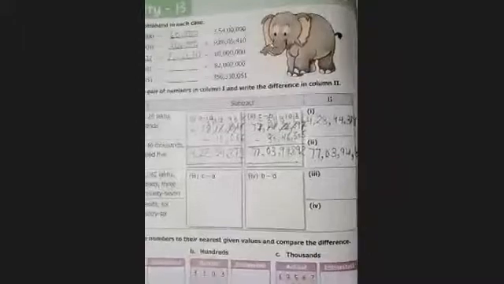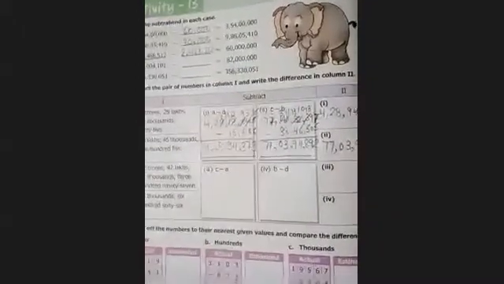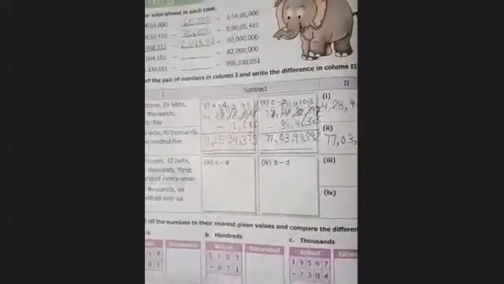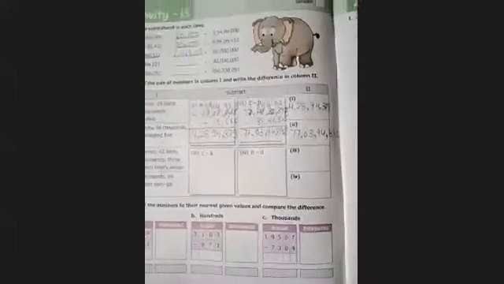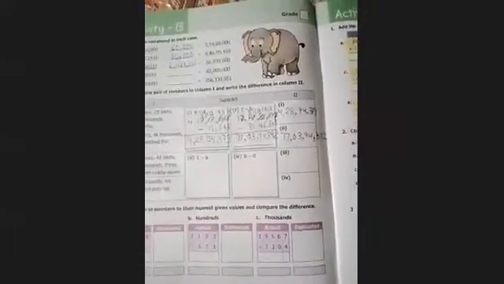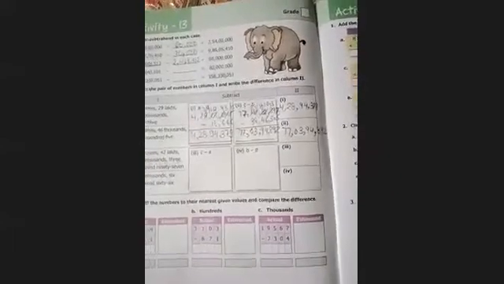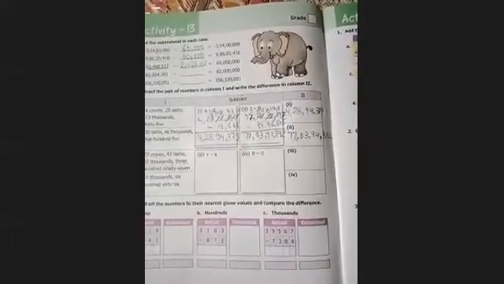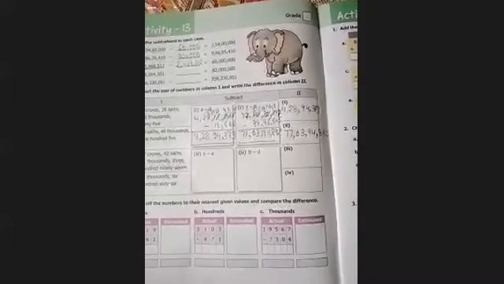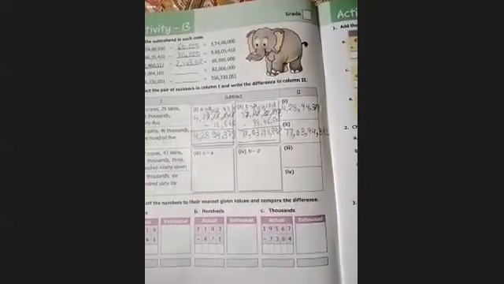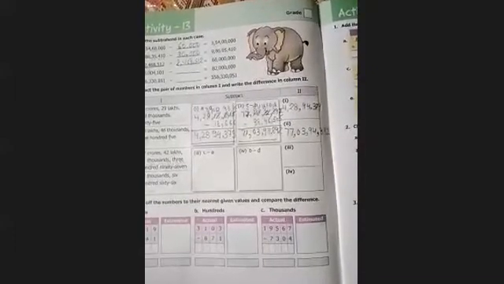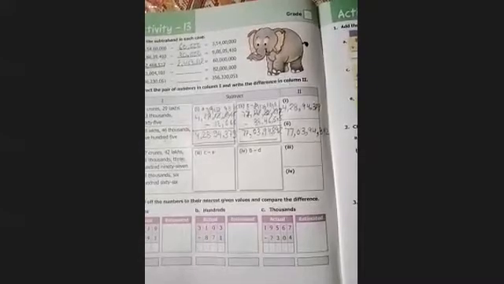Third and fourth part you have to do as a homework.